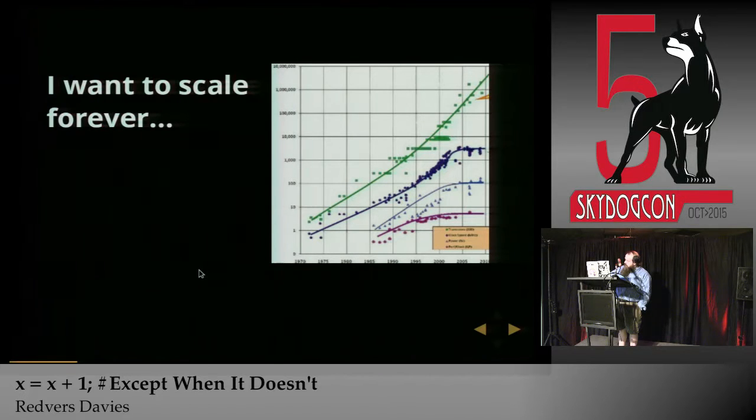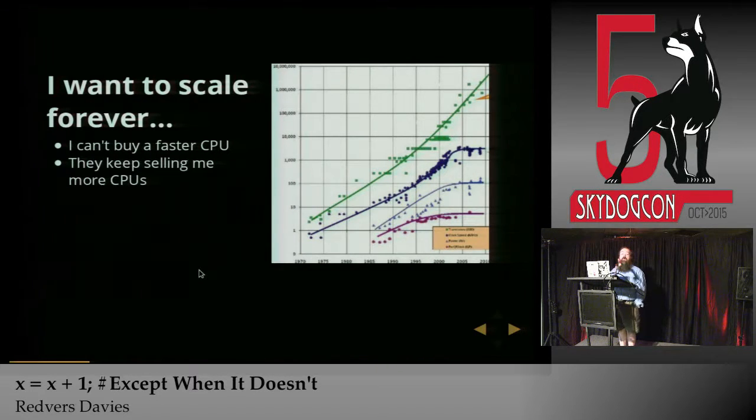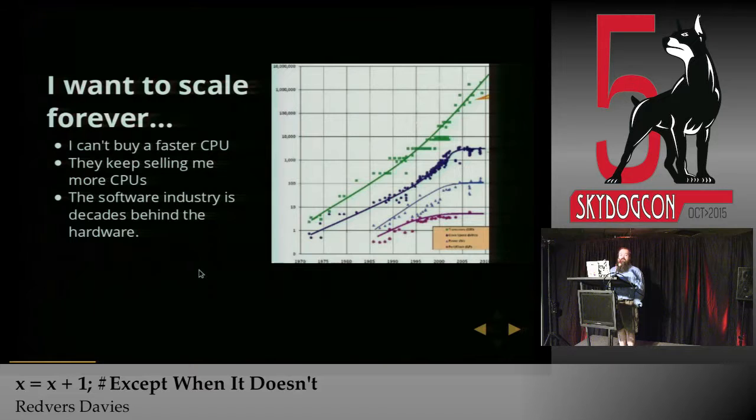Since about 2010-ish, the speed of CPUs has flattened completely, yet the number of transistors has gone up. We're hitting physics, and as of right now, we can't break physics. So I can't buy a faster CPU, but I can buy more of them. More CPUs, good. The problem we have is that the software industry is decades behind this.